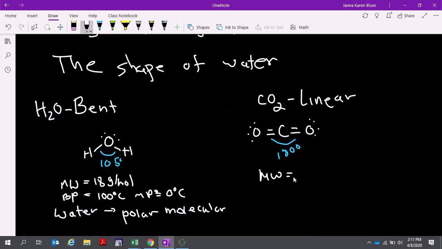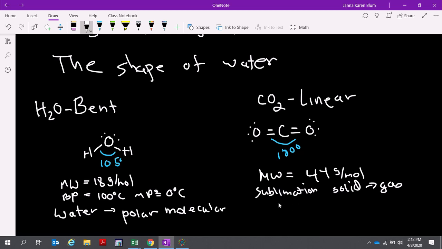And so some properties about carbon dioxide. Carbon dioxide has a molecular weight of 44 grams per mole. Carbon dioxide at atmospheric pressure does something called sublimation. So sublimation is where it goes directly from solid to gas. And that happens for carbon dioxide. If you've ever gotten dry ice, that's solid carbon dioxide.